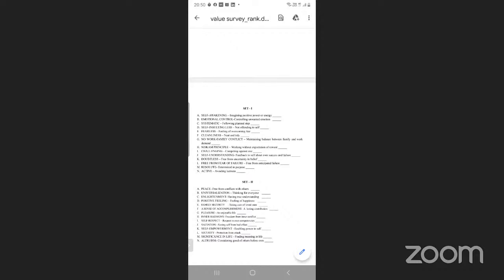Sir, in case of set 2, it is really problematic for me because I have found some of the characters, I just give them equal weightage. No, no, you cannot give equal weightage. You have to think differentially.